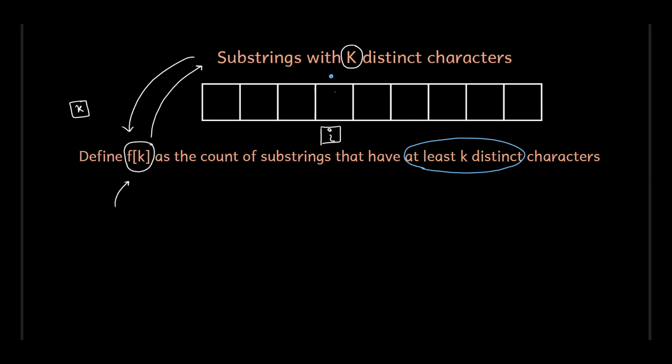But how do you find that out? In order to find all the substrings that start at I, you have to at least find the first substring that starts at I and has k distinct characters. So suppose this is the first substring that starts at I and has k distinct characters. In fact, let us formalize it like so.